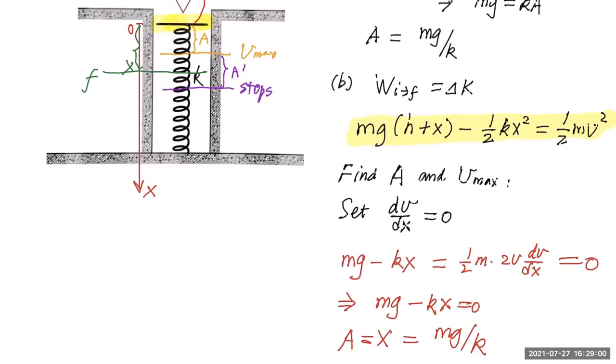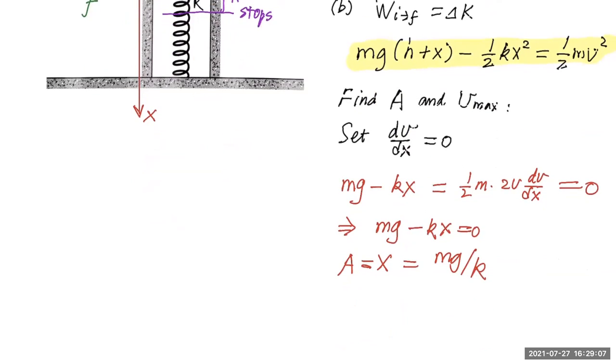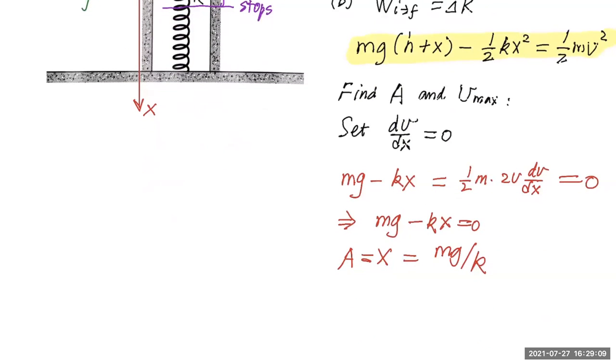But what is v maximum equal to? Well, simple. You already know what x is, where v is a maximum. So plug the value of x into this equation here, and look for v maximum.